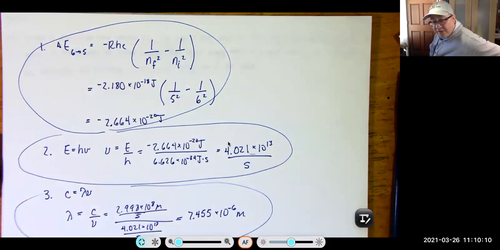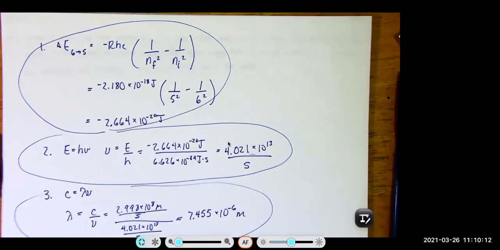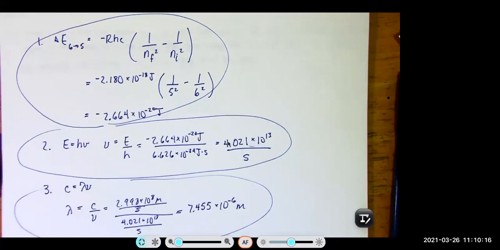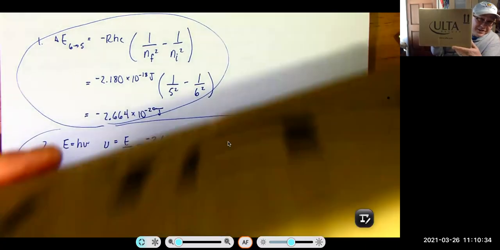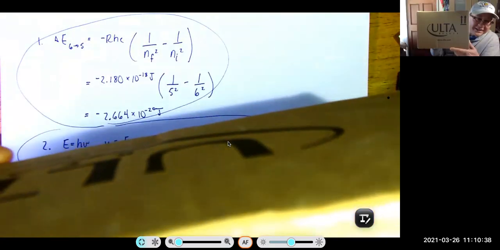So what region of the electromagnetic? You just got a Prime package? Pardon me? Amazon Prime. Oh, well, if you look at the package, Ulta. Clearly it's not for me.